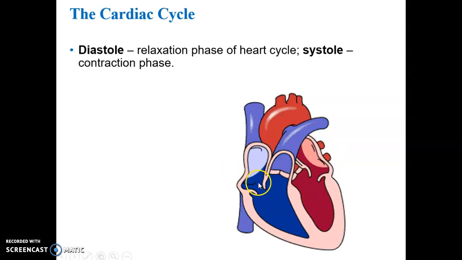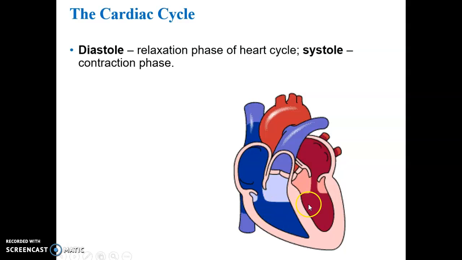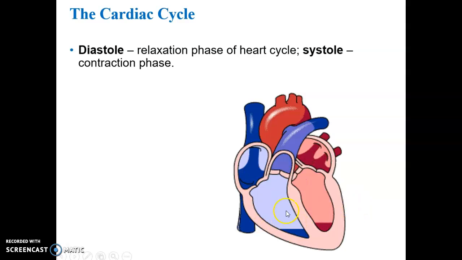Then there's a slight pause, and then the lower chambers, the ventricles, contract. So we have atrial diastole, relaxation, and atrial systole, which is the contraction of the atria. The one we can feel with the pulse, because they're stronger, is the ventricular systole, the contraction of the ventricles.